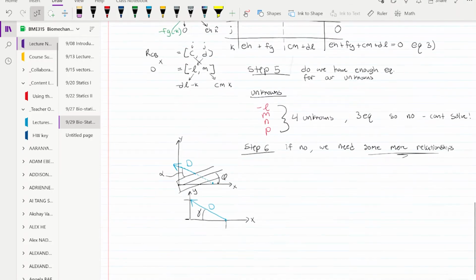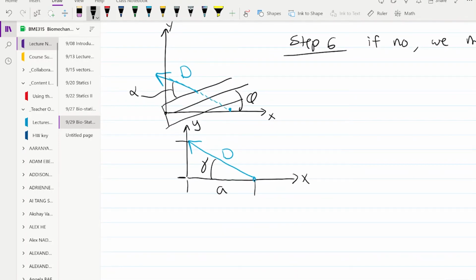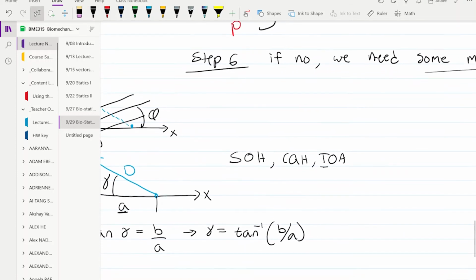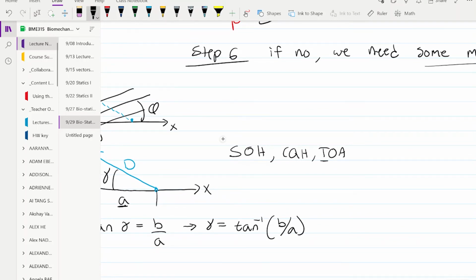If we really wanted to figure out what gamma is, we know this is A, we know that's B. So this is opposite divided by adjacent is equal to tan. So tan gamma is equal to B over A, and gamma is equal to tan inverse of B over A. Cool. So then gamma's a known.